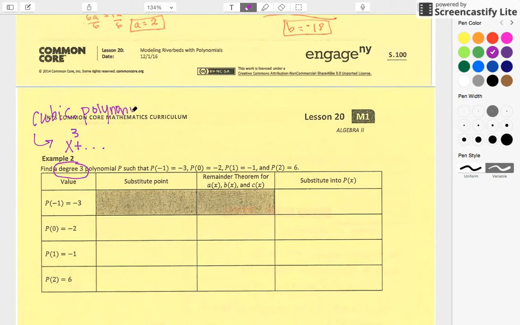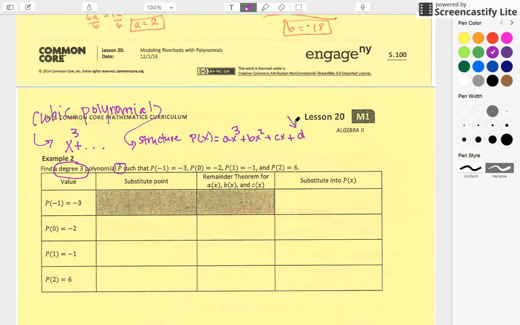And because it's a cubic polynomial, we can set up the structure. So the structure for this is some polynomial p. So I'm going to write it like this. We have p of x is equal to ax cubed, because the highest degree is 3, plus bx squared plus cx plus d.